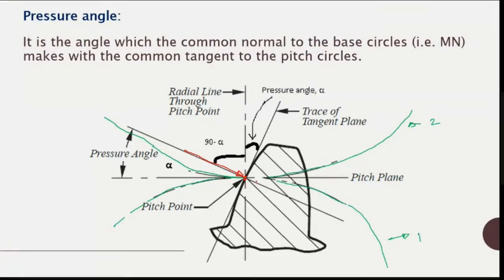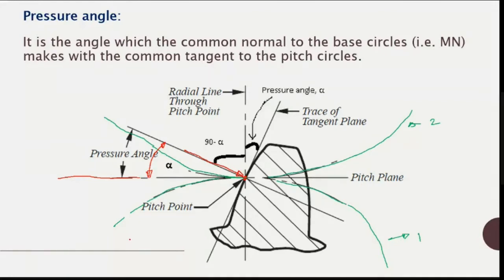The angle with respect to the horizontal, the pitch plane. The pitch plane is the tangent of the two pitch circles. So the angle of that force with respect to that pitch plane, we call it the pressure angle.